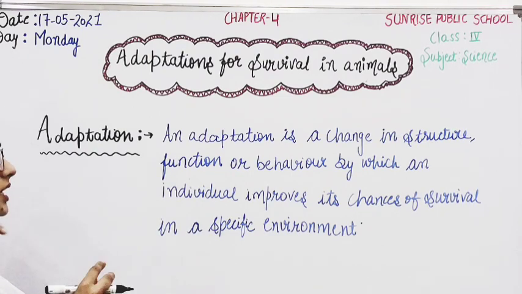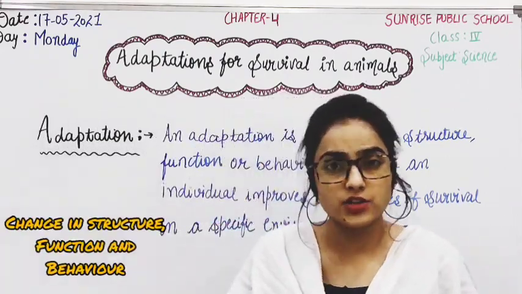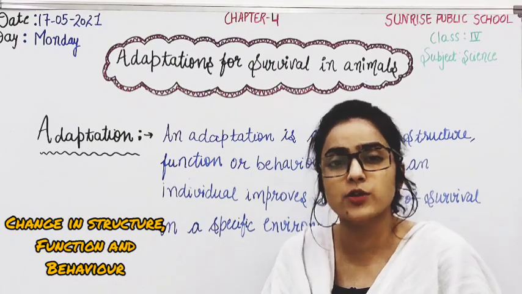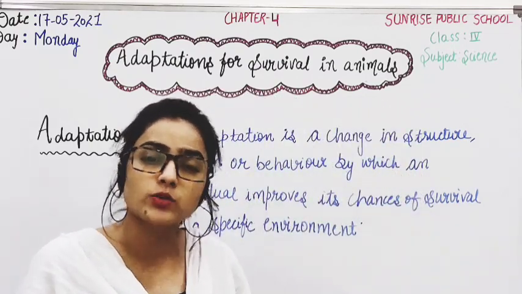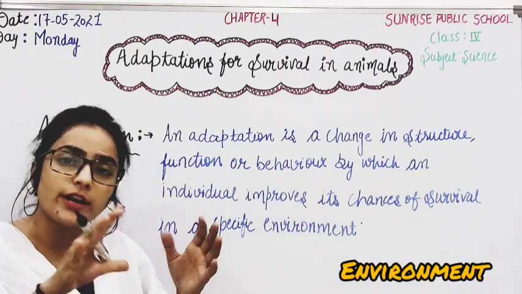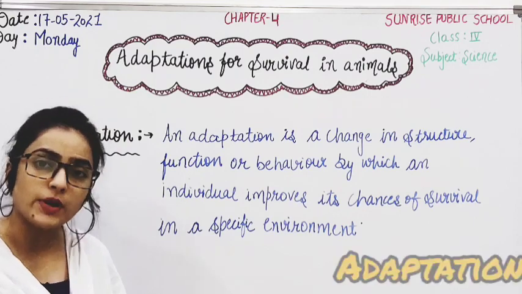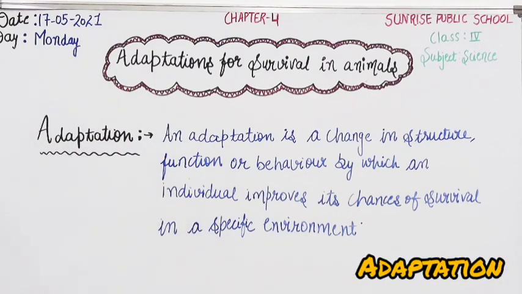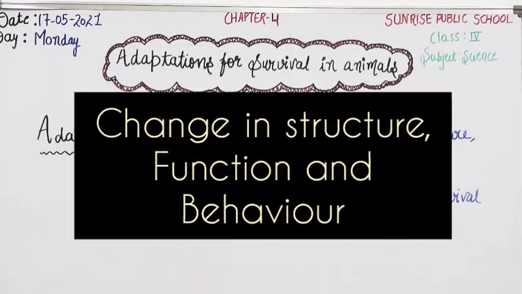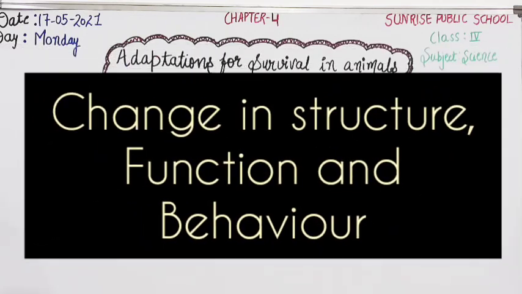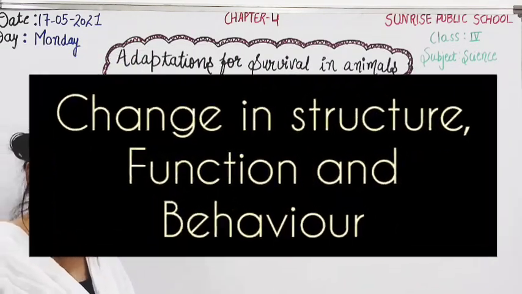It can be a change in structure, function or behavior of the organism. If the organism adapts itself according to the environment or climatic condition, that is known as its adaptation.